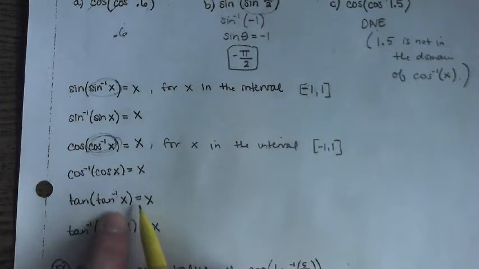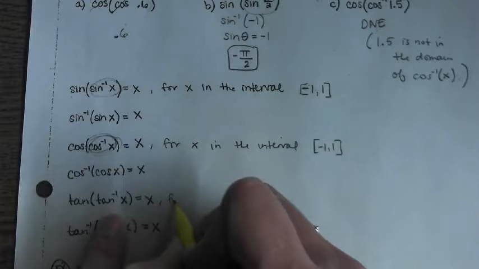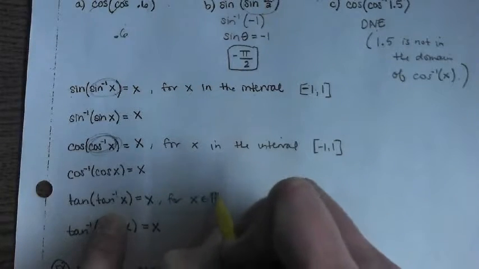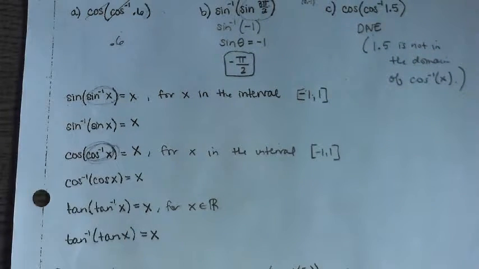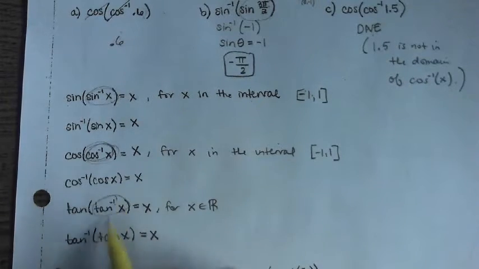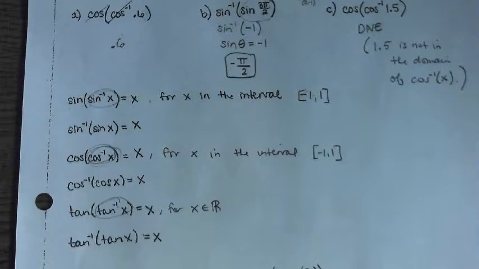So this is going to be true for all real numbers. Really, because we can take the inverse tangent of any real number. And again, I did those three first because those all have the inverse function in the inside. Okay?